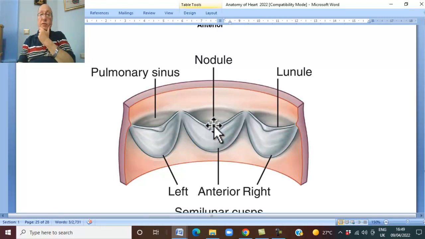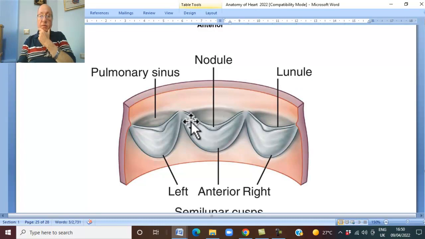The free margin of each cusp presents a thickening in its middle. This thickening in the middle is called the nodule. And the two crescentic margins on both sides of the free border are called lunules.